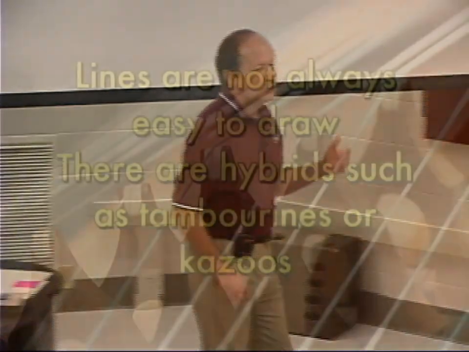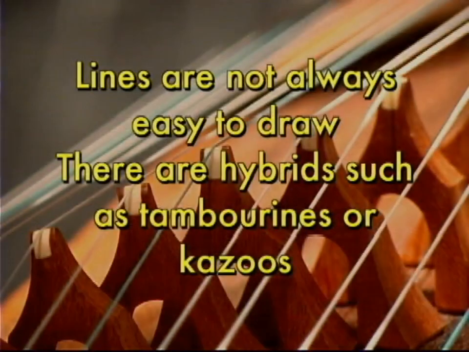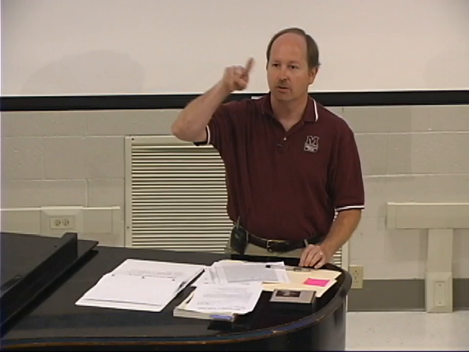Now, the lines between these instruments are not always easy to draw. There are some hybrids that fall into more than one category. For example, the tambourine falls into two categories because it has the membrane, which you strike in order to get the sound, but a tambourine also has little jingling bells around the outside.